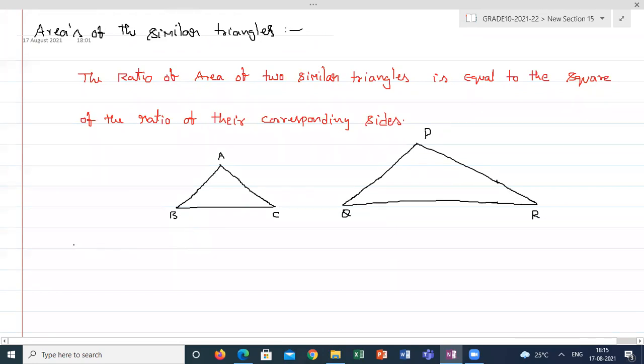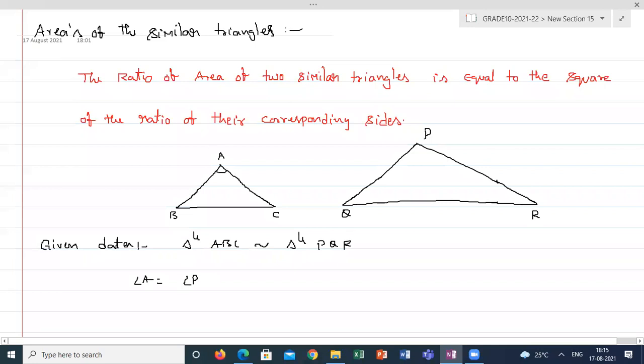What is the given data here? Given data is triangle ABC is similar to triangle PQR. That means indirectly what is it saying?